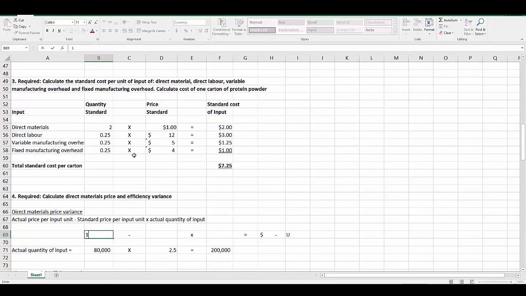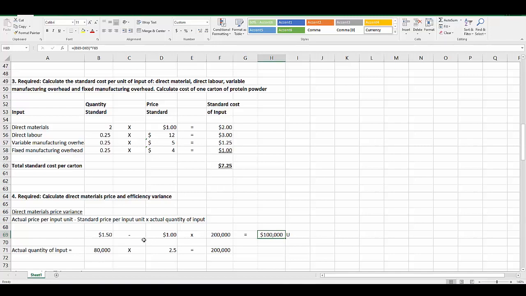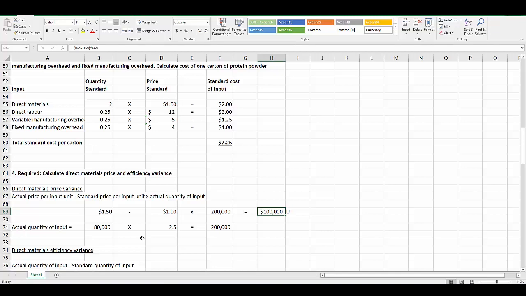So we'll enter in the price that we actually paid versus what we had thought we would pay, and that is going to be multiplied by the actual quantity, which will give us $100,000 unfavorable variance, because the price you paid per unit is higher than you had planned or that you had factored into your standard costing. So that's the price variance.